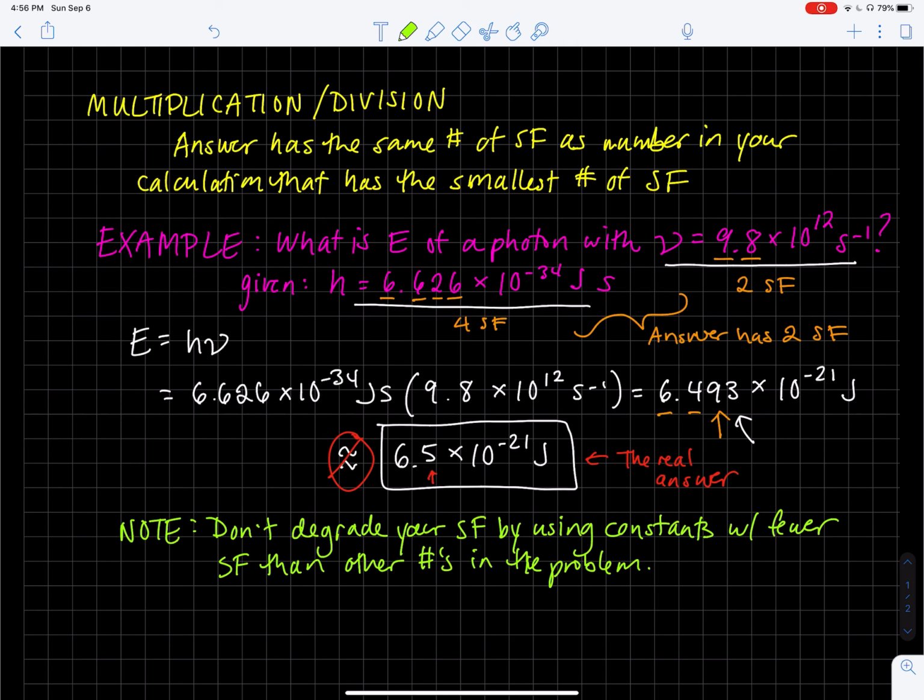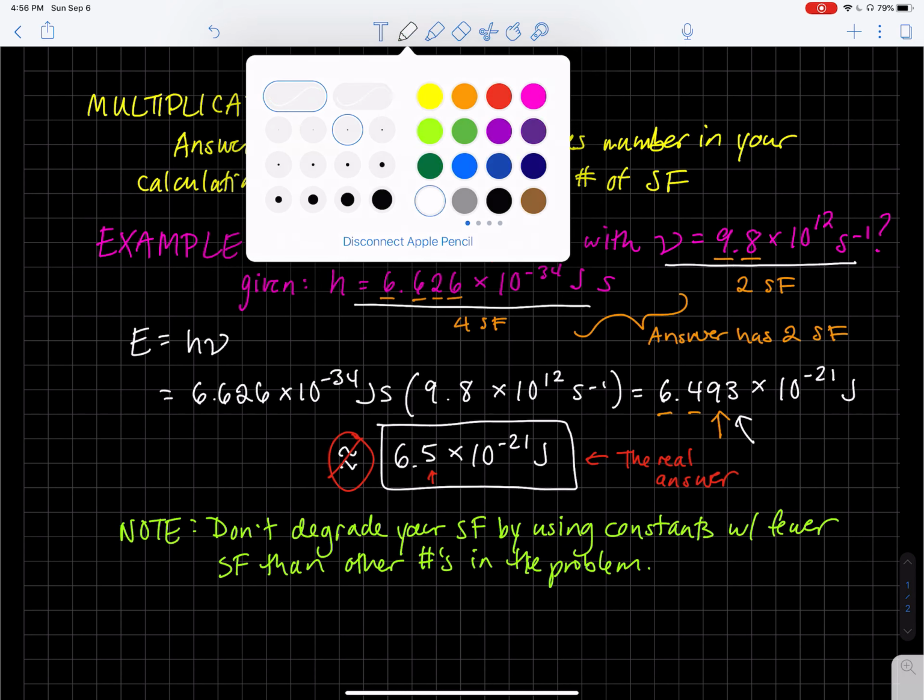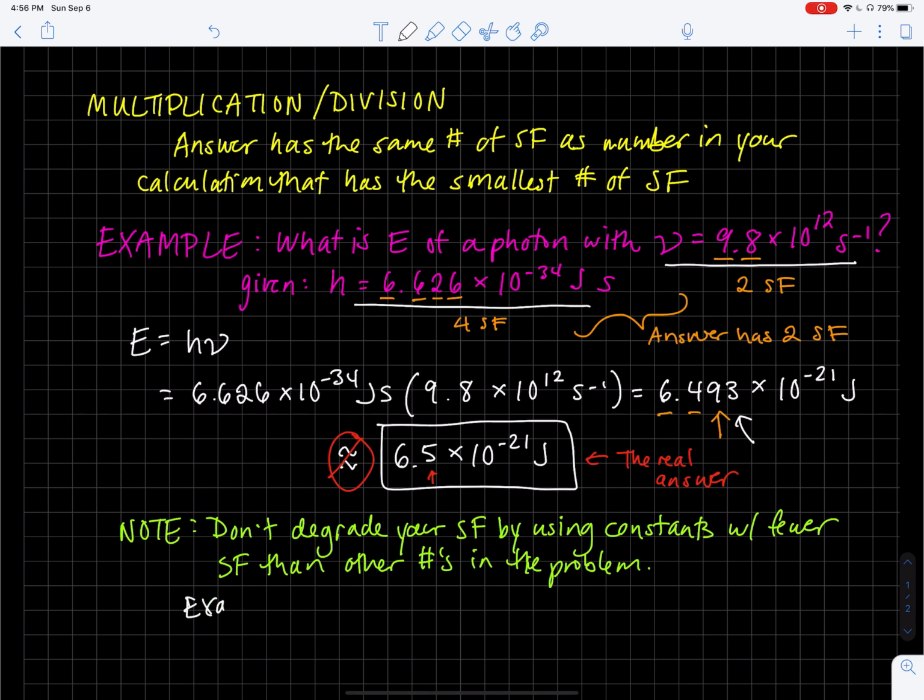So as an example here, don't use, say, h equals 6 times 10 to the minus 34 joule seconds. That's 1 sig fig. If you used that, your answer would have to have 1 sig fig. So you would have wasted one of the 2 sig figs in your quote-unquote measurement.